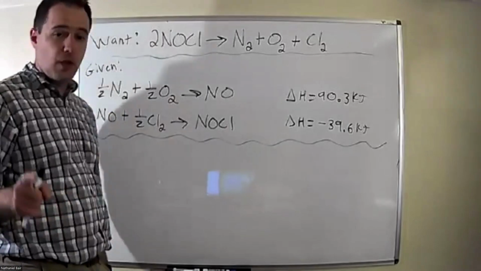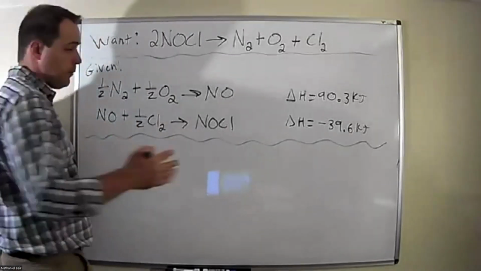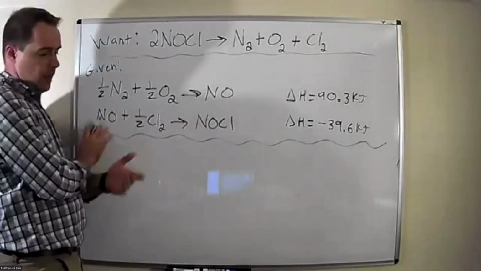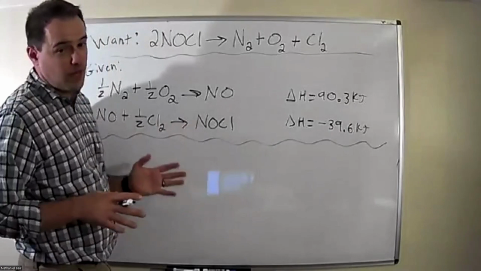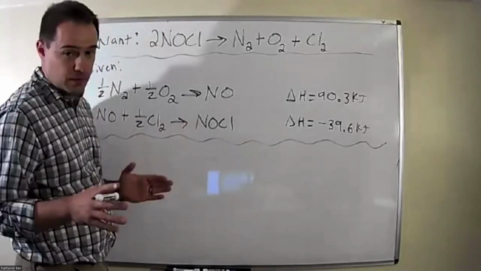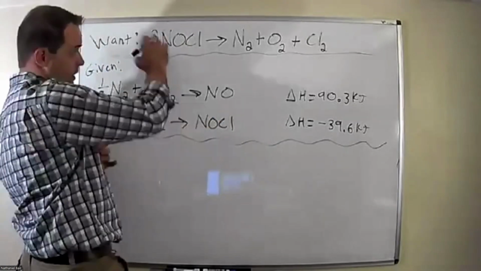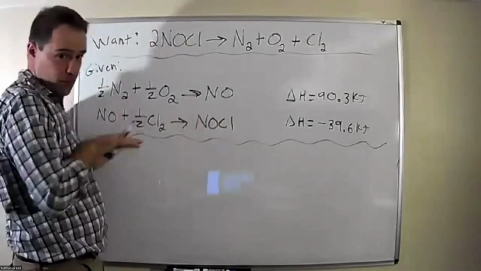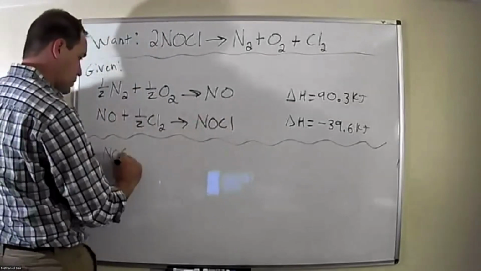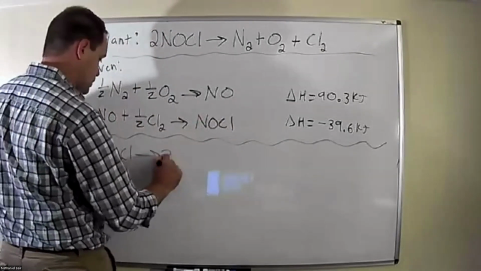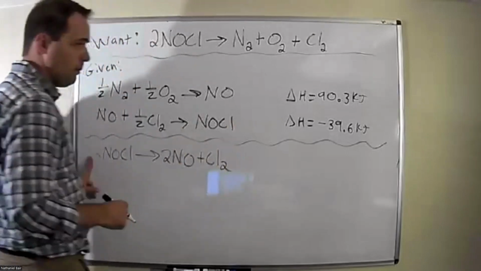Ladies and gentlemen, this is going to be the walking and chewing gum. You've got to do two things at once. We need to flip this reaction, and we need to distribute it too. I know, but you can do this. So 2NOCl goes to 2NO plus Cl2.